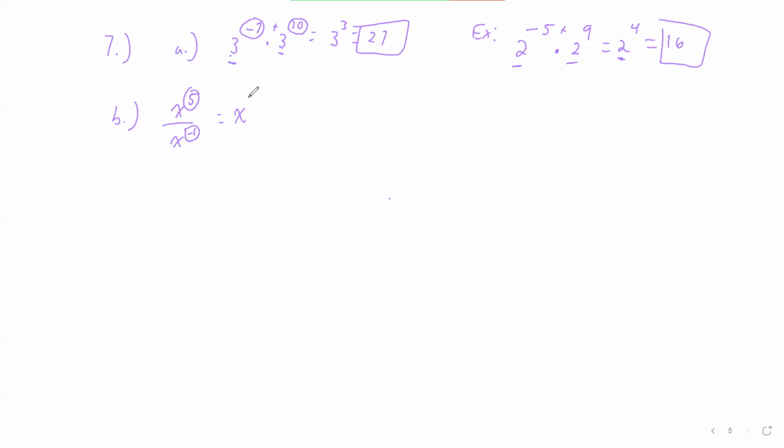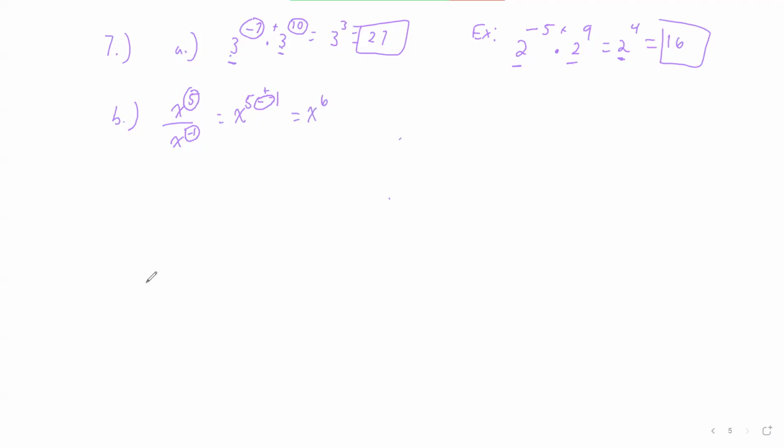5 minus -1. It's 6. So a minus a negative here actually produces a plus sign. So this becomes x to the 6th.